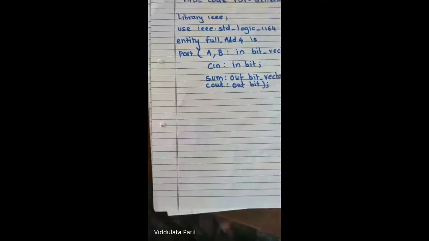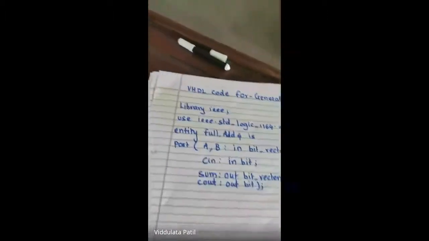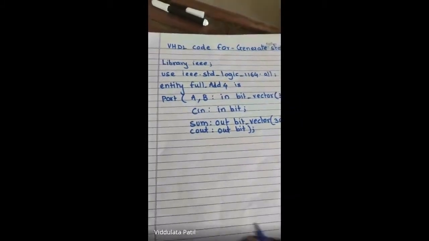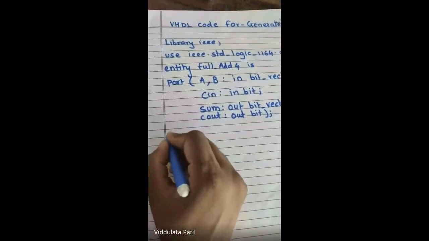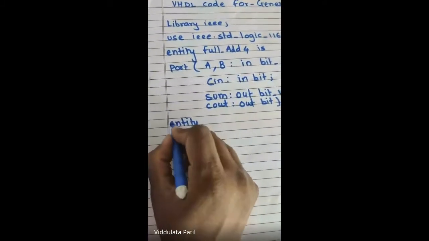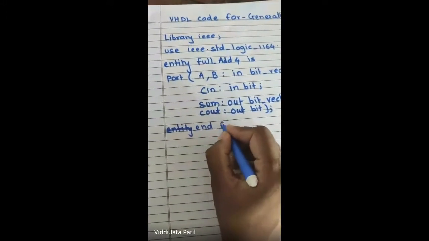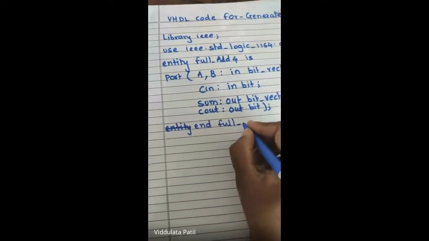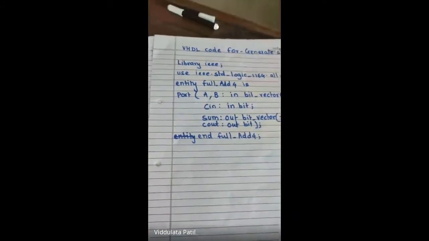Okay, all the ports that we have declared. So complete the bracket and semicolon. Okay, so here as we have declared all the ports, so end this entity. So, sorry, it should be end, and entity name, that is full_add4 and semicolon.